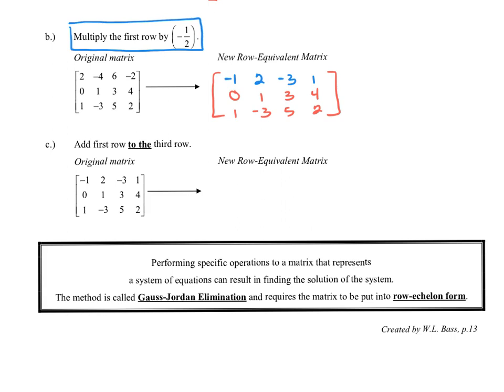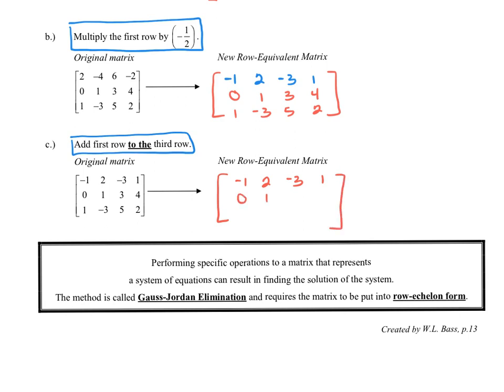Then our last one that we're going to practice here is that we are going to add the first row to the third row. Now that language is important, and it's important for you to keep track of how that's going to work. So the first row is going to be added to the third row, which means the first and the second rows are actually not going to change. I'm going to use the first row, but it's not going to change itself.